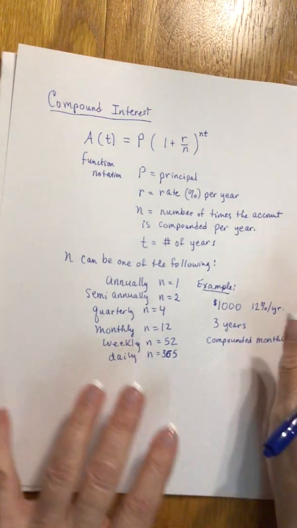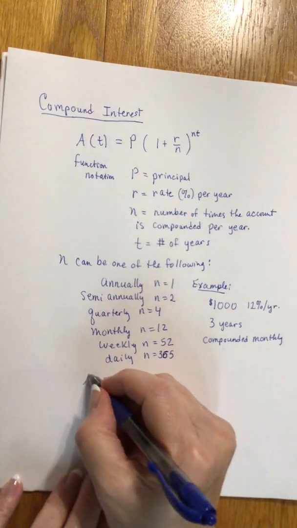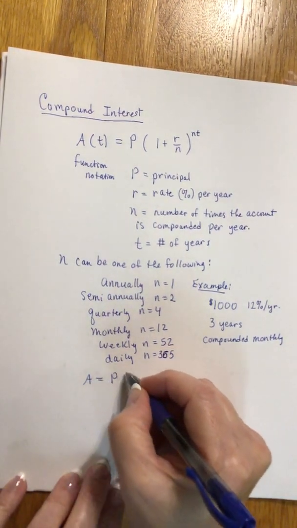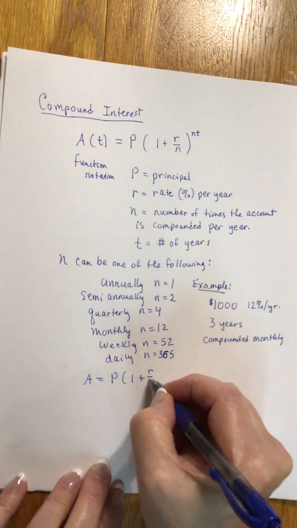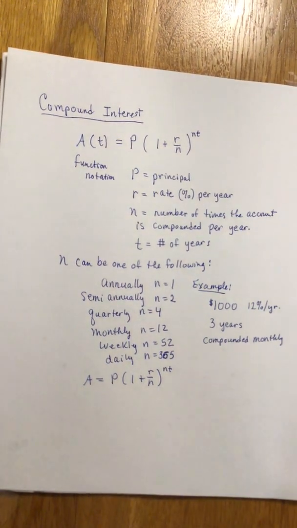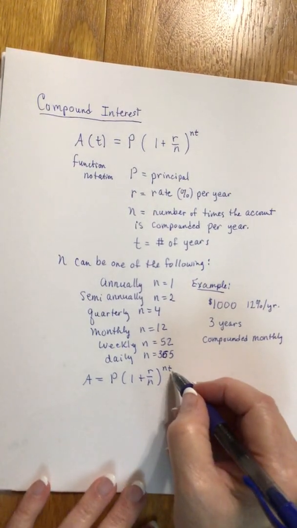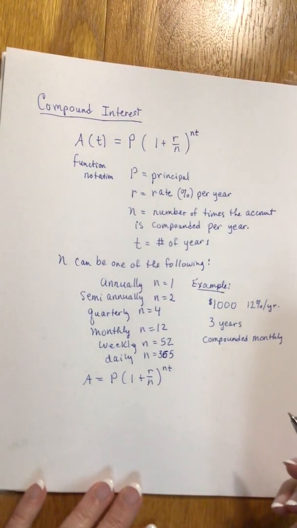So we go back up to the top to our original formula. We're going to rewrite it without the A(t). We're just going to write A equals P(1 plus r over n) to the nt. Again, we know that this is an exponential function because the t is our unknown and it's in the exponent.